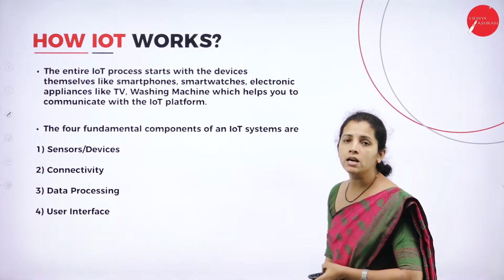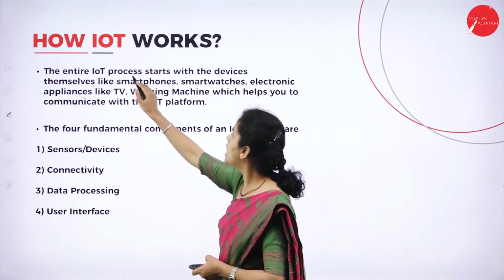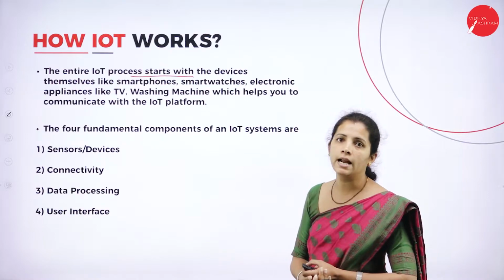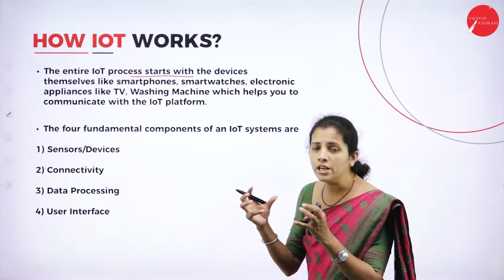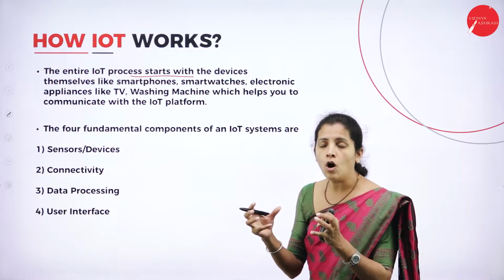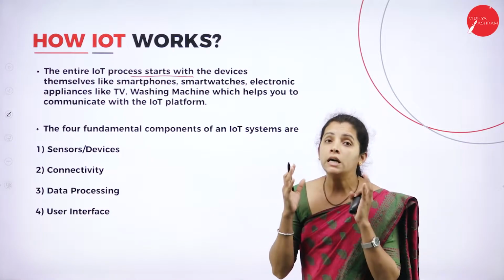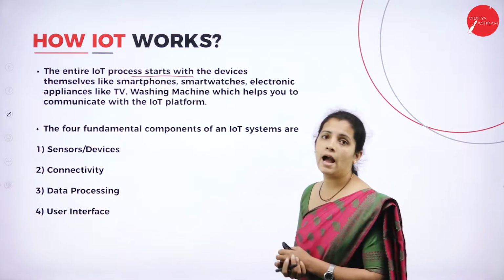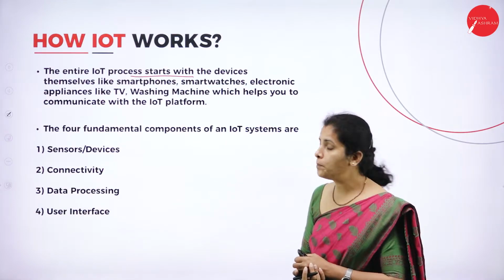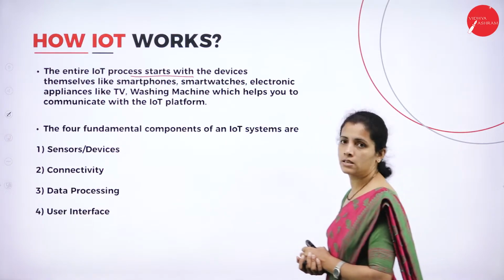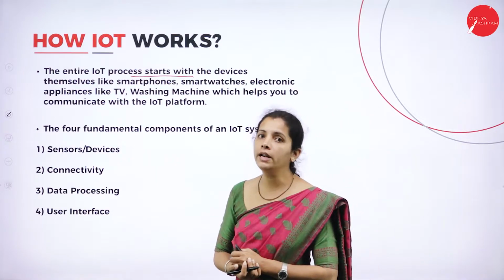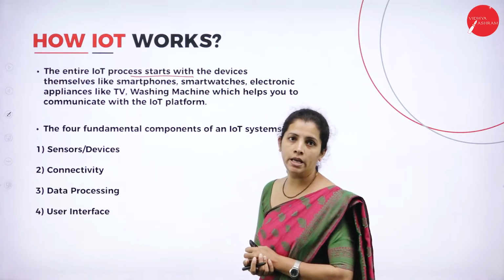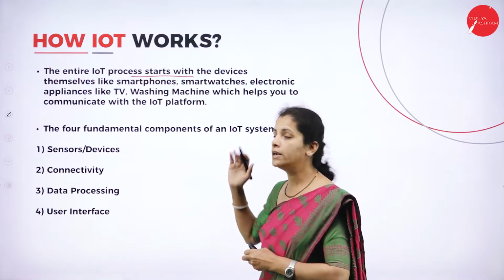The entire IoT process starts with the device. That means to establish connection, or if I want to create a smart house, I must have the following equipment or devices. That is nothing but the components of IoT, the components of Internet of Things.